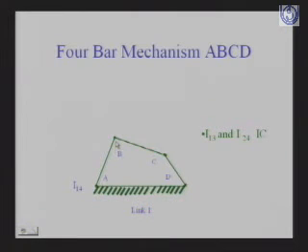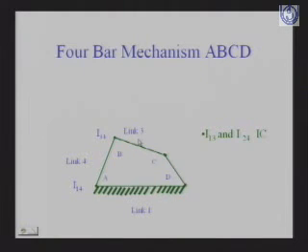This link AB and this link, since this is link 4 and this is link 1, the intersection between these 2 links is our first instantaneous center, called I14.